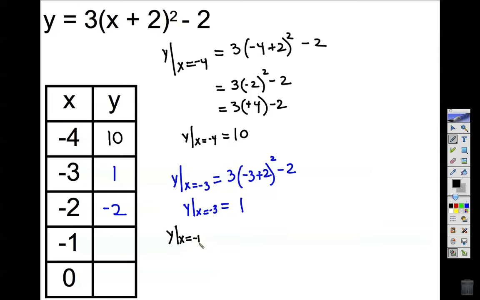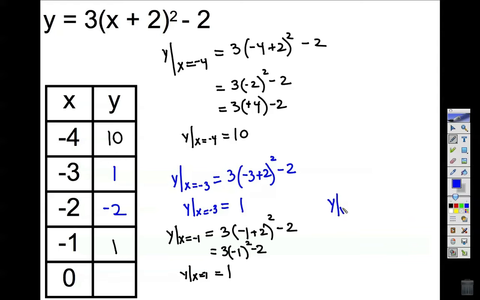When x is equal to negative 1, that's 3 times negative 1 plus 2 squared minus 2. 3 times negative 1 squared minus 2, and that indeed is 1. This is going to be positive 1 when we square it. 3 times positive 1 is 3, minus 2 is 1.